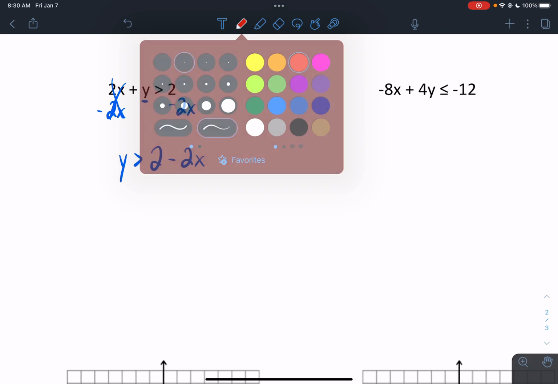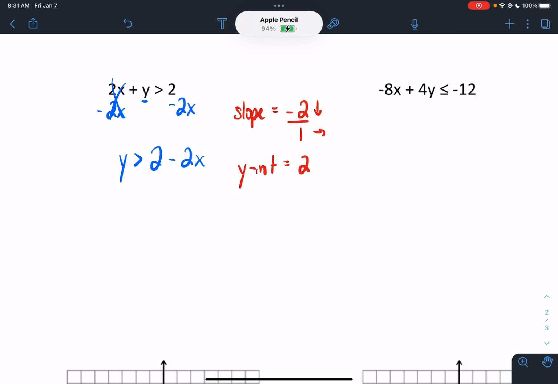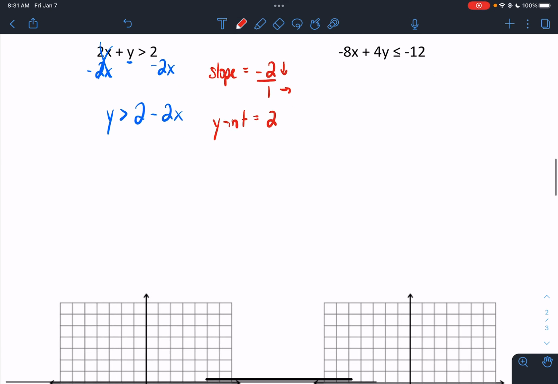And so the 2 different ways I could do this is, let's see, my slope is negative 2 over 1, which tells me that I'm going down 2 and right 1. And my y-intercept is positive 2, which tells me that I start 2 above my graph. If I want to use a table using Desmos instead, I can do that as well.